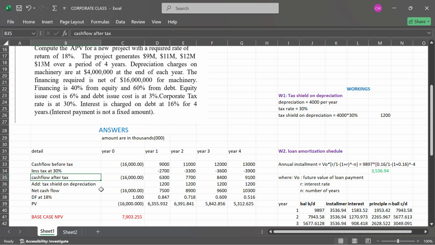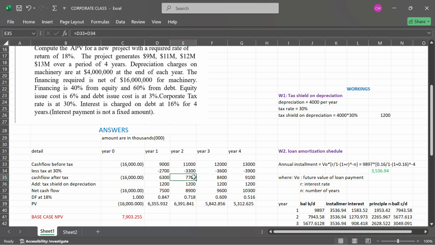Cash flow after tax, obviously we will take this cash flow before tax, then deduct this tax as computed. So in year 0 there is no change because no tax has been paid. Year 1 will remain with 6,300.